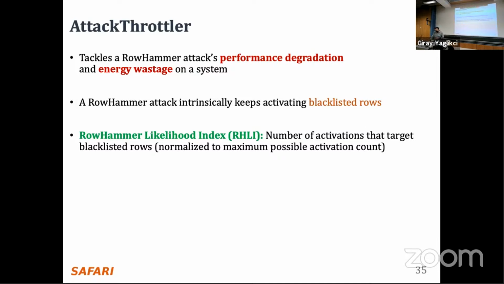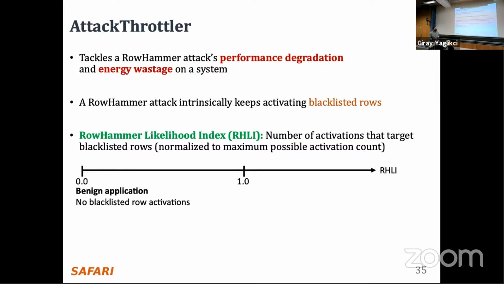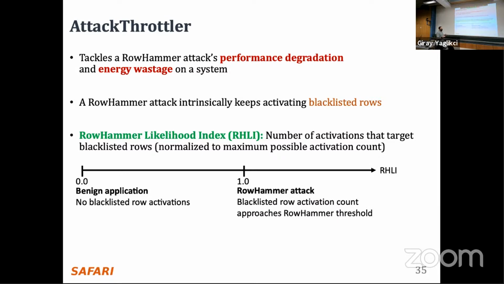If we look at the value that this RowHammer likelihood index can get, for benign applications that do not activate blacklisted rows, this value is basically 0. And it reaches 1 if a RowHammer attack is running on a system, because we reach the RowHammer threshold when it's 1, since we perform blacklisted row activations as much as we can.